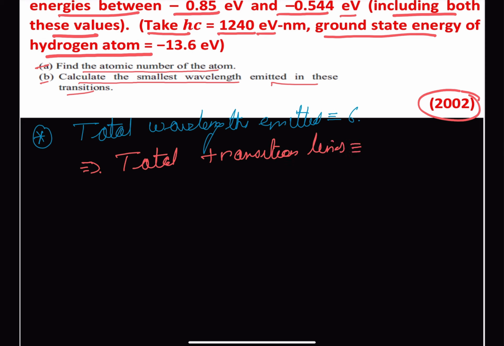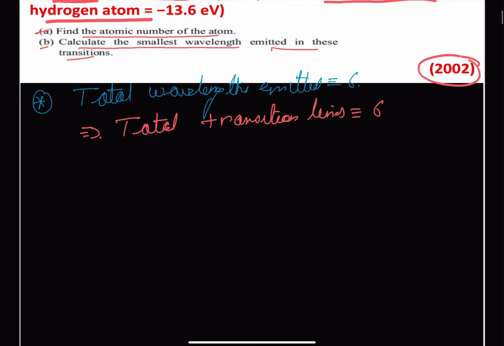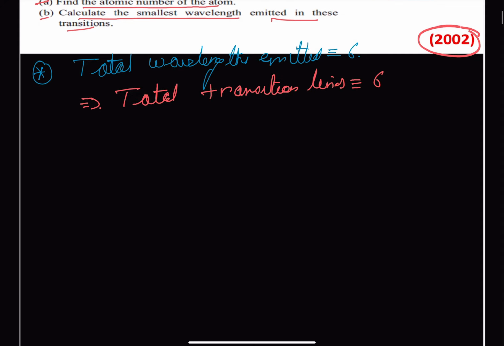These can be from any level to any level, but the total count will always be 6. We know the basic formula for the total transition lines: n times n minus 1 divided by 2 is equal to 6. So from here we can say that our value of n is equal to 4.